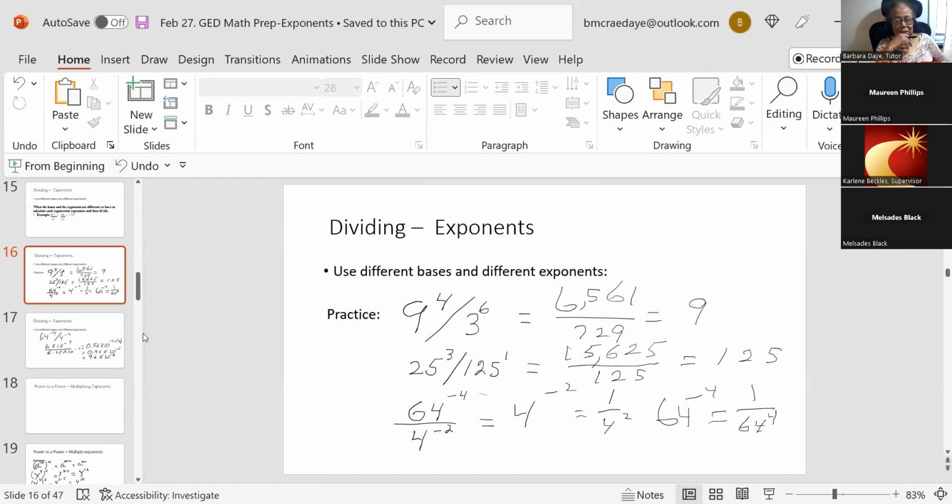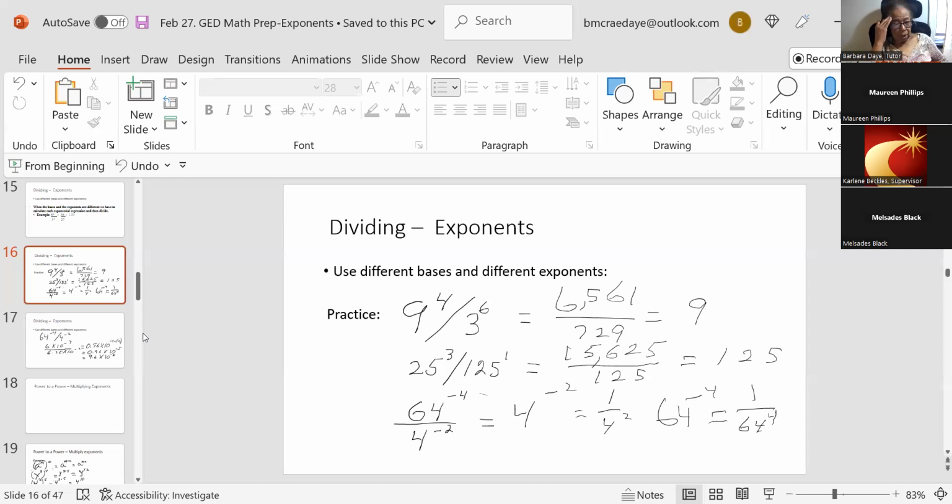I wouldn't give you a problem like this to get the answer because, like Maureen said, the calculator is not working. You would need a TI calculator or a similar one, because with those you can put in negative exponents. But I want you to recognize that you can convert those negative exponents to positive ones by flipping them and changing the sign. Got it?